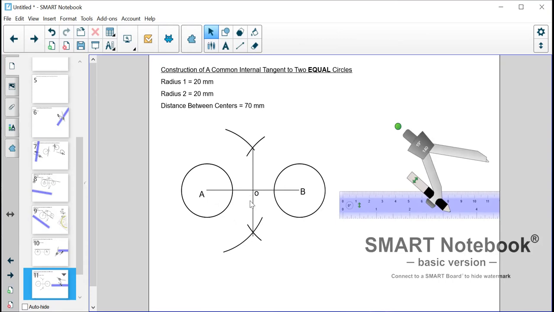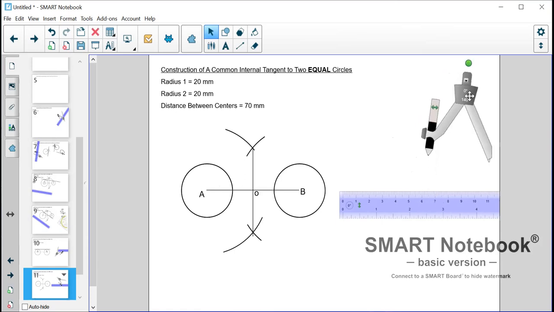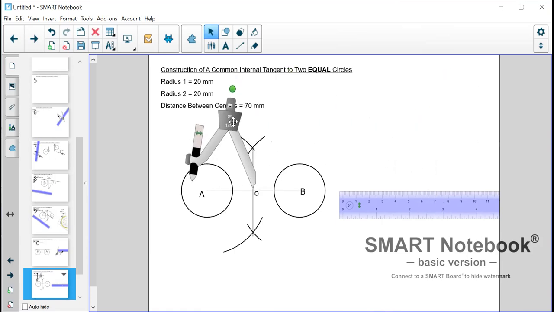Now, what we need to do next is to further bisect any half of this line. We just bisected AB in half, so we need to bisect one of the halves again. Let's say we bisect OA. We place the point of the compass at one end, and we open the pencil point to more than half.